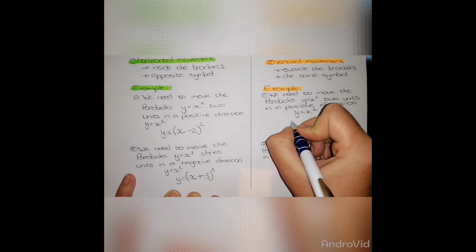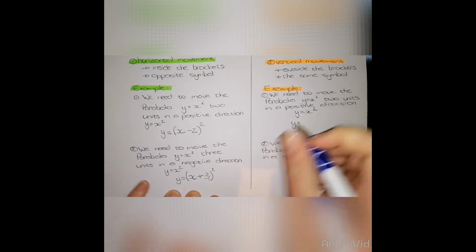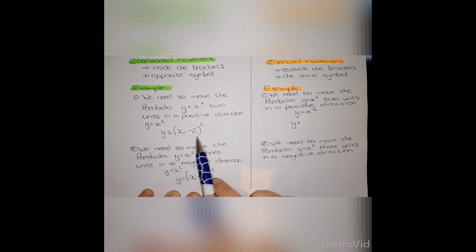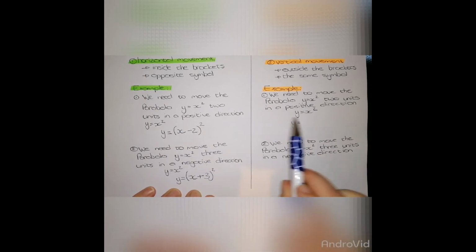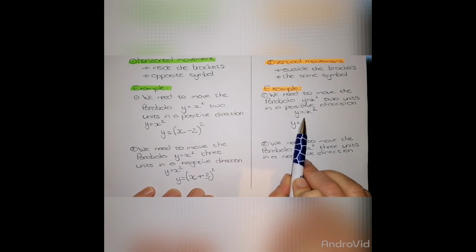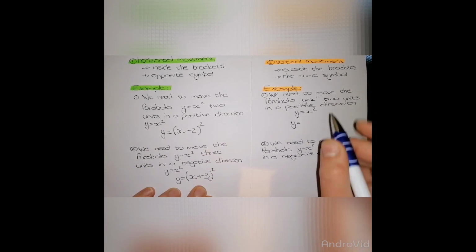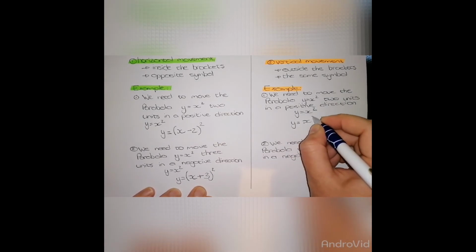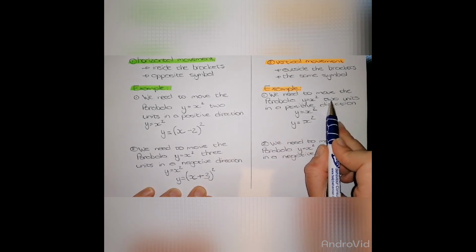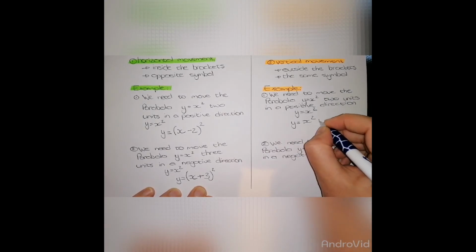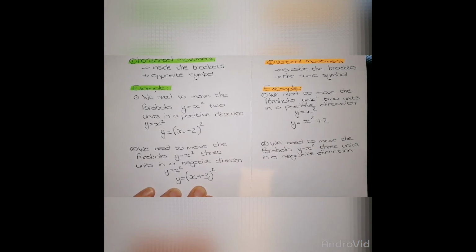I'm going to start it again as y equals. We know that when we have brackets in an equation, it is written with the x. Because these examples are only moved on the y-axis, we do not have to put the x squared in a bracket. So I will have x squared, and this is moved 2 units in a positive direction. We use the same symbol and the number.